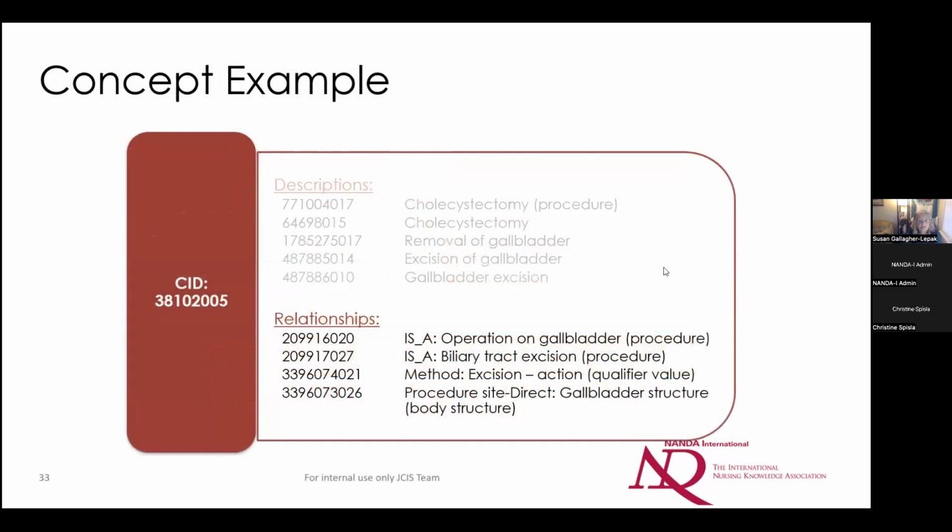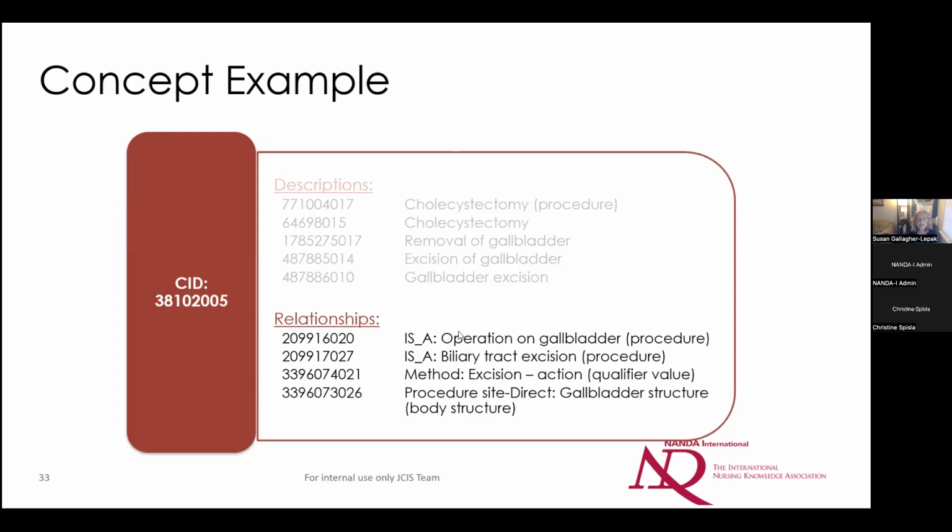And let's go back to our example here again. So we've got our descriptions here, and these are different human readable ways of describing a cholecystectomy, but here are the relationships that help define what this term cholecystectomy is.